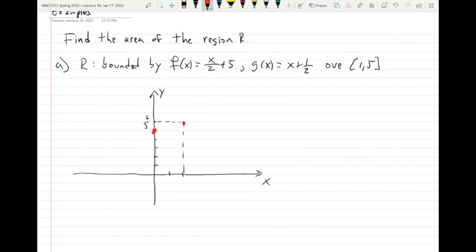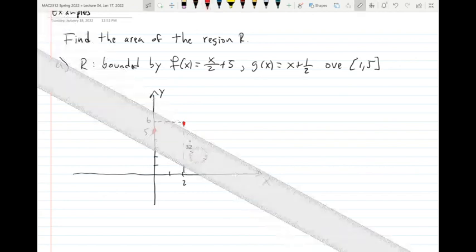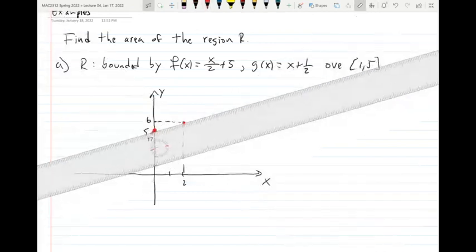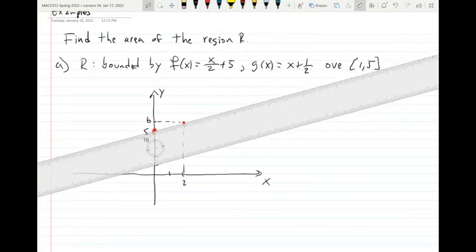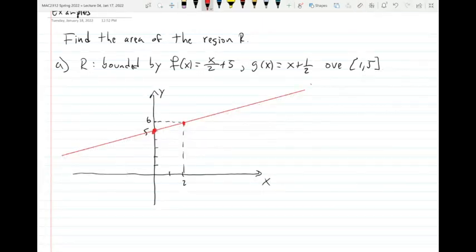Those are my 2 points. So this is 5 and this one is 6, and that's all we need to sketch our line. All right, so this is the function f. Any questions? That's my function f.